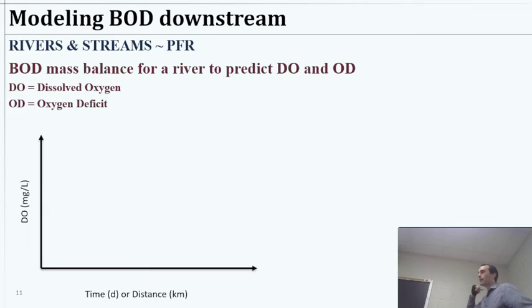Ultimately, the highest priority is to predict the worst case scenario. At what point does the dissolved oxygen in this river, let's say, reach its lowest? And have we treated our wastewater sufficiently so that that lowest number has no meaningful impact on the ecology? Because that would be a good design.